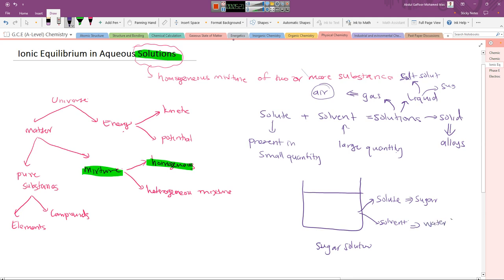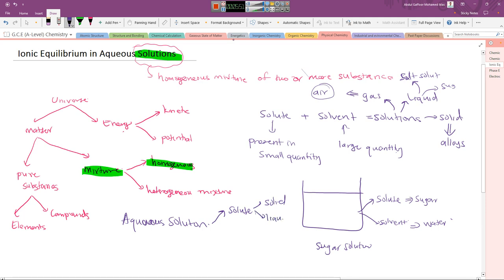Fine. So now in this unit we will be talking about aqueous solution only, right? In this aqueous solution the solute might be solid or liquid.